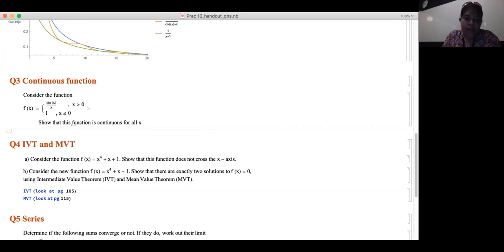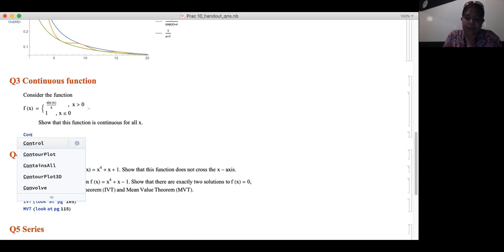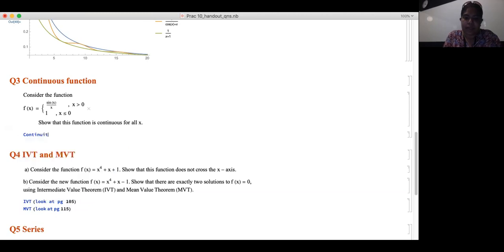In your course reader, you must have come across 2 types of continuity: continuity at a point, and continuity on an interval.